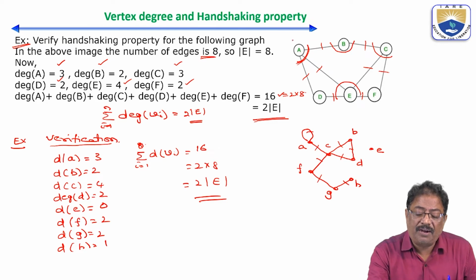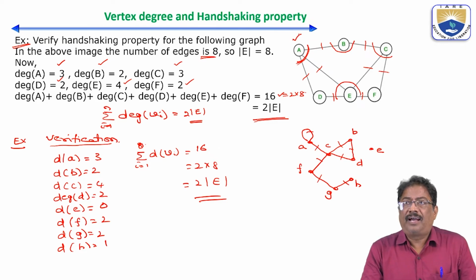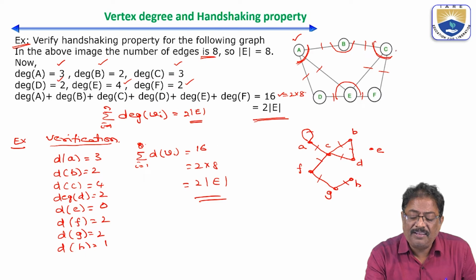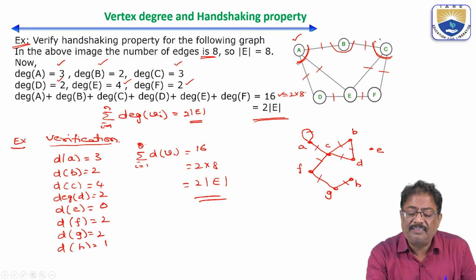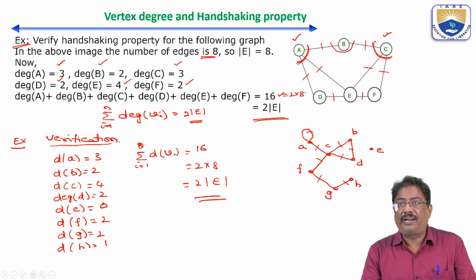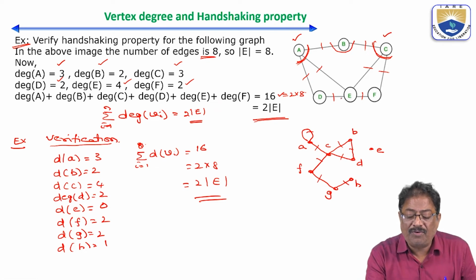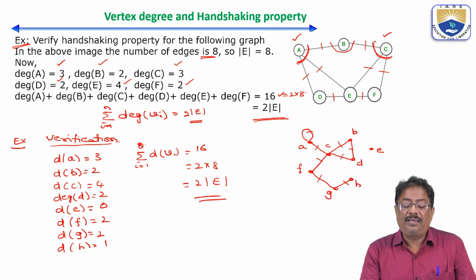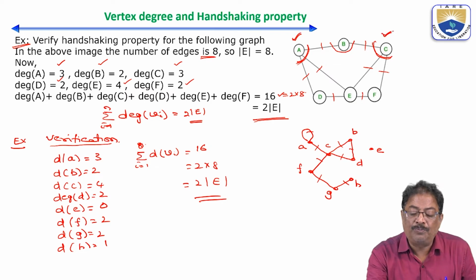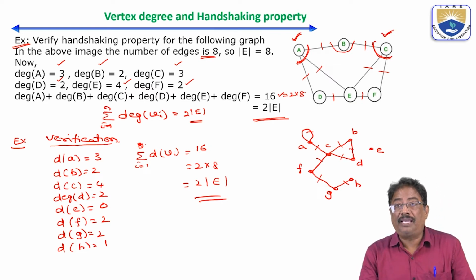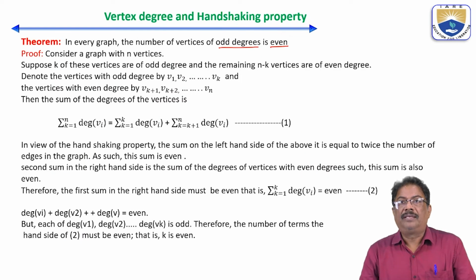Vertex A is there with odd degree, one vertex, and another vertex C is there, another odd degree vertex. The others are 1, 2, 4 and the remaining are even. So here how many odd degree vertices are there? 2. Odd degree vertices must be even. That is the statement of the theorem: in every graph, the number of vertices of odd degree is even.